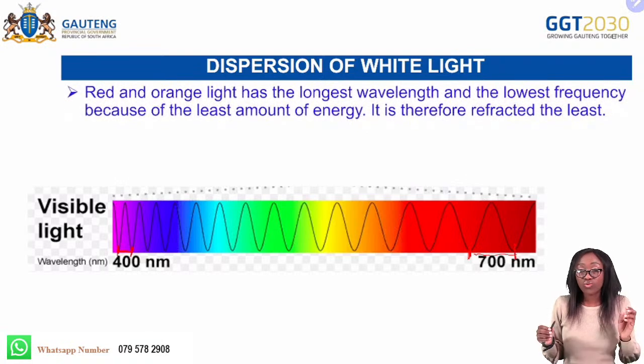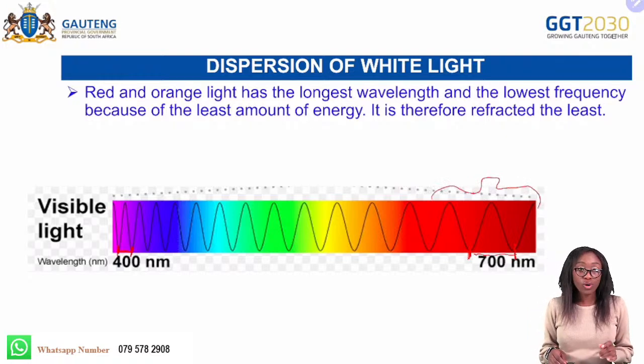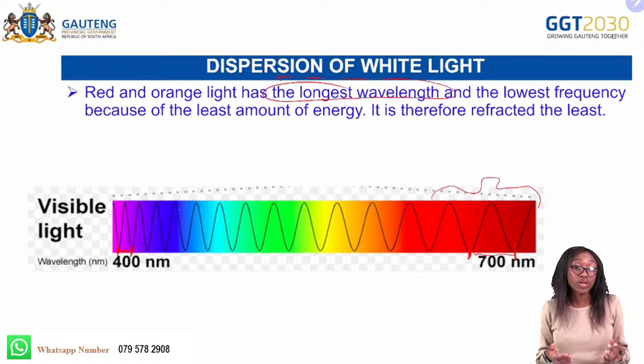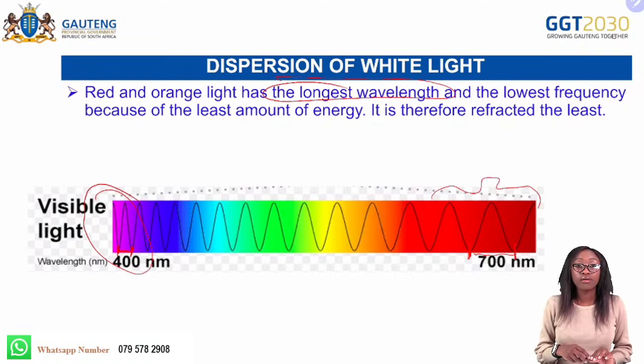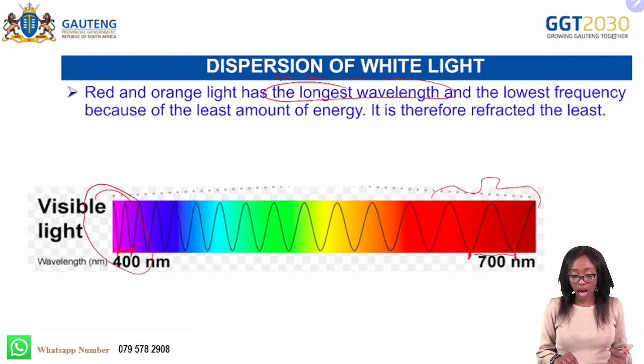So red and orange, which we find here in the beginning, have the longest wavelength and the lowest frequency. So it doesn't move as fast. It doesn't pass a point as fast as the ones with the least wavelength, which is 400 nanometers, your indigo and your color violet.